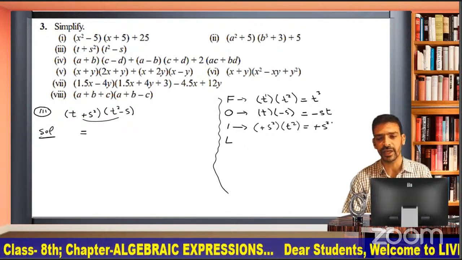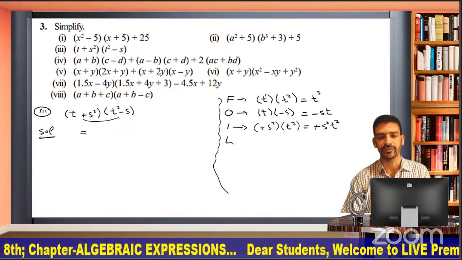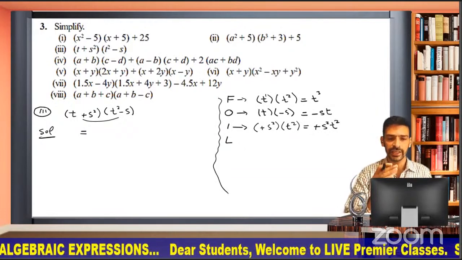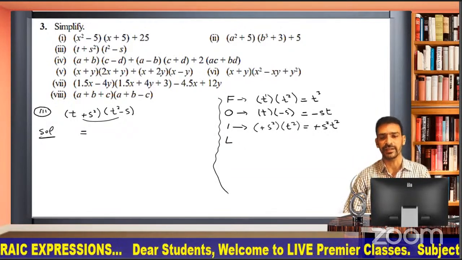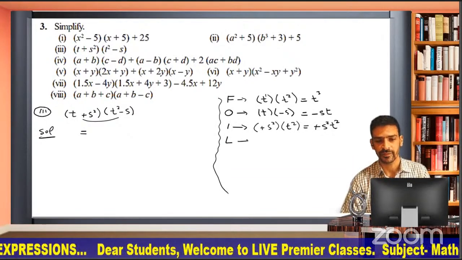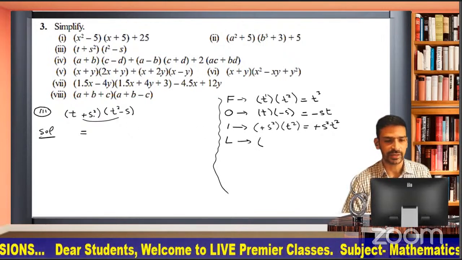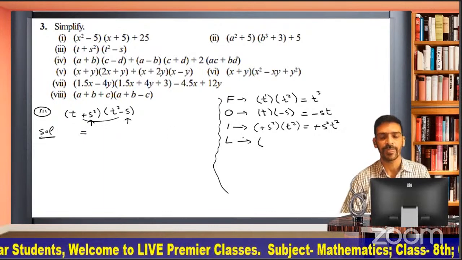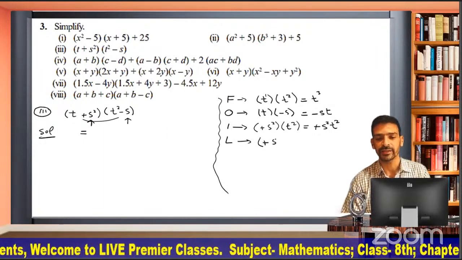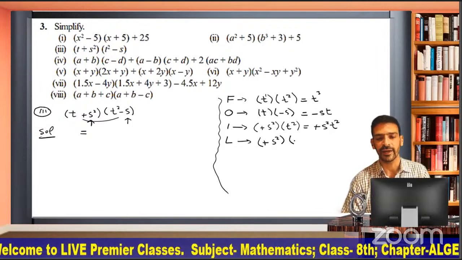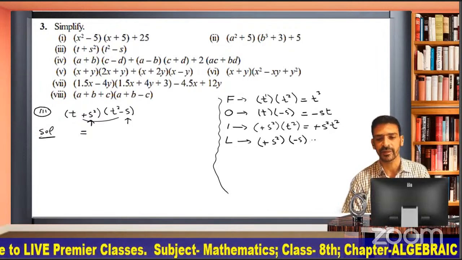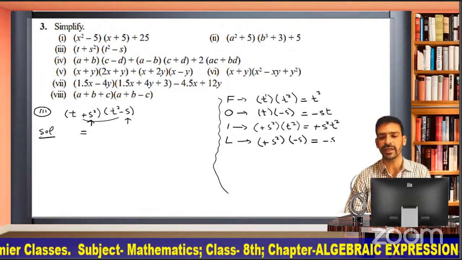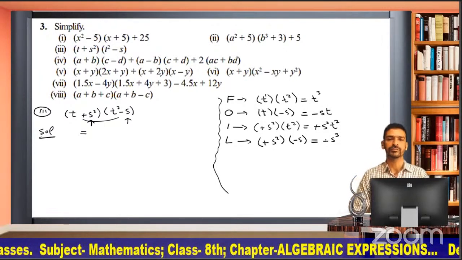And we have last terms of the expression, it is s square and minus s. These are the last terms, plus s square and we have minus s. Plus minus turns out to be minus, s square and s is s cube. We got the result.